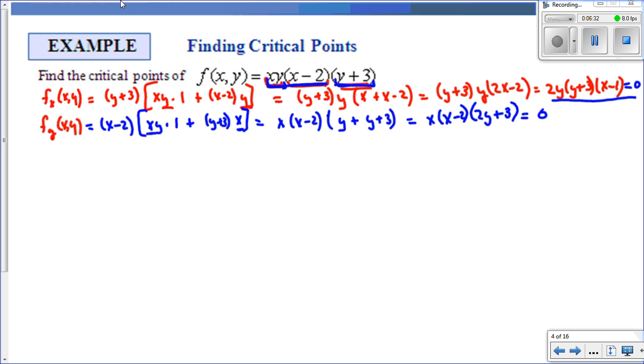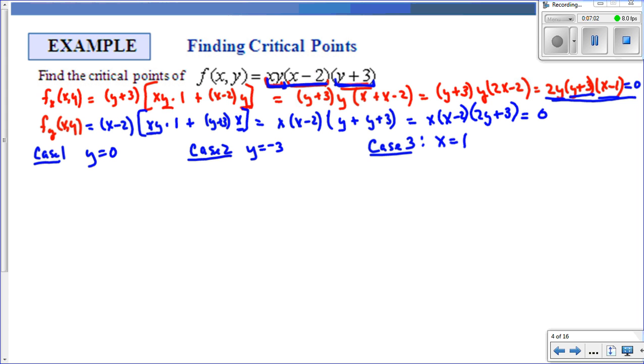So I'm going to have 3 cases. Case 1, where the y would be 0. Case 2 would be the y plus 3 is 0. In case 3 would be that x is equal to 1. So how can this factor, and this factor all be 0?